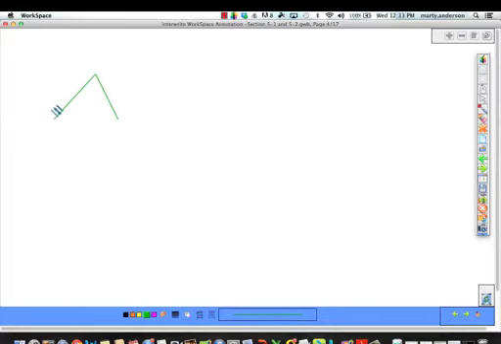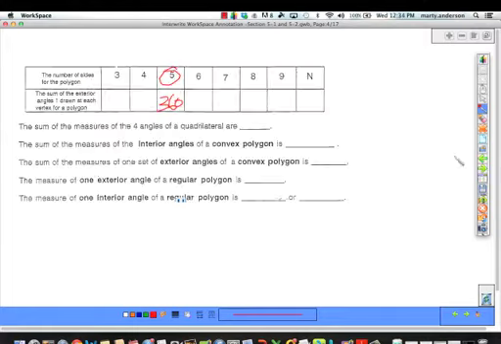Let's call those all 60-degree angles. And each of the exterior angles, do you agree that my exterior would be 120 and 120 and 120? And if I have three angles, each measuring 120, 120 times 3 will give me 360 degrees.